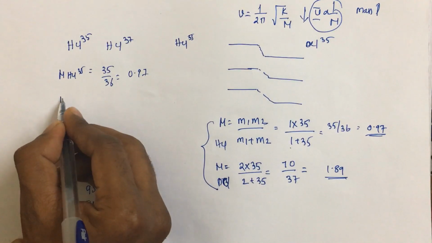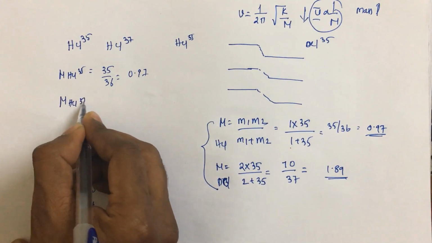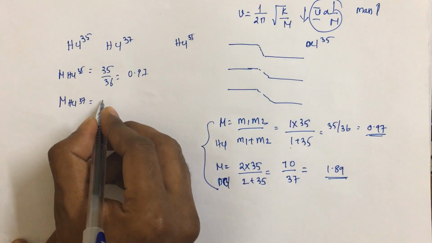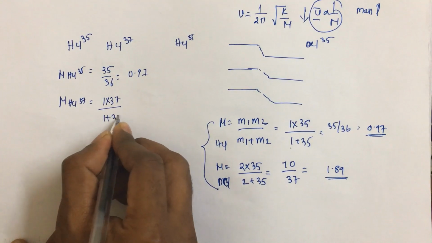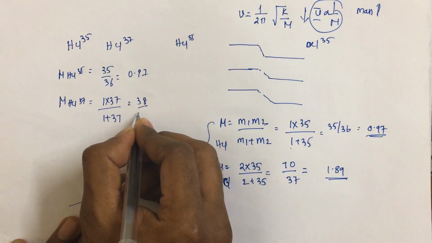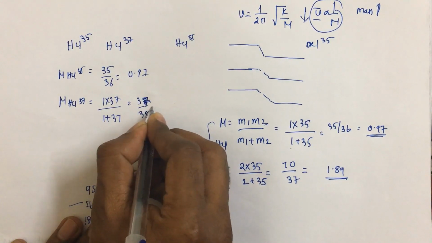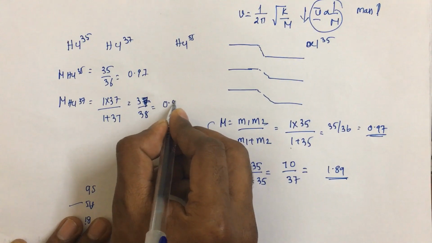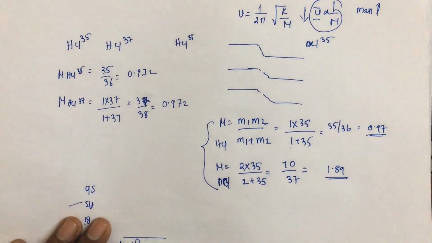When we are calculating for HCl 37, that time this will be 1 into 37 by 1 plus 37, so this will be 37 by 38, and this will come out as 0.972.